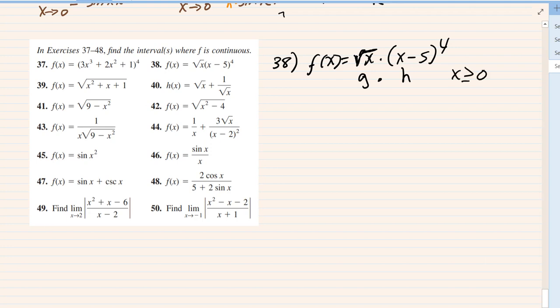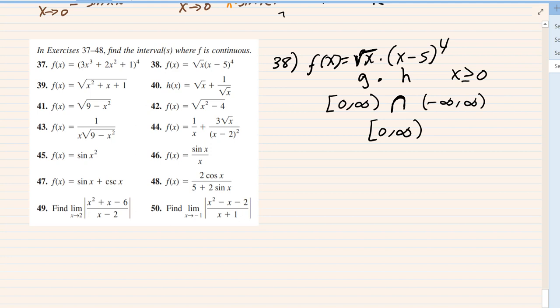The domain of x is greater than or equal to 0, correct? So in number 38, 0 to infinity, it says just find the interval where f is continuous, because h is continuous negative infinity to infinity, right? And g is continuous 0 to infinity, so the intersection of the two intervals is going to be 0 to infinity.